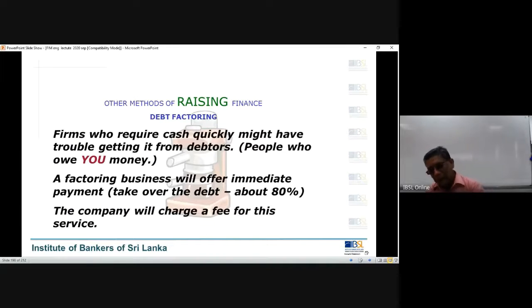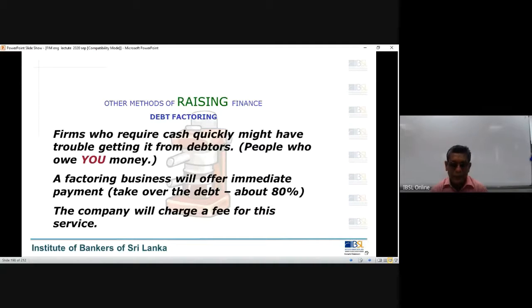Apart from the earlier methods, debt factoring can also be used to raise funds.